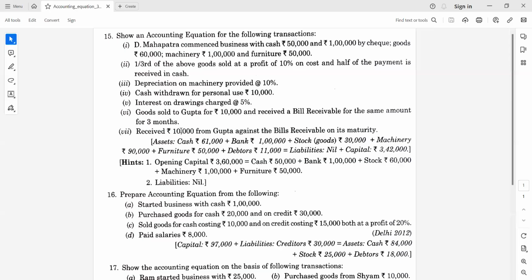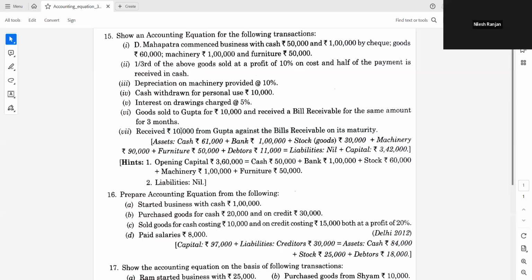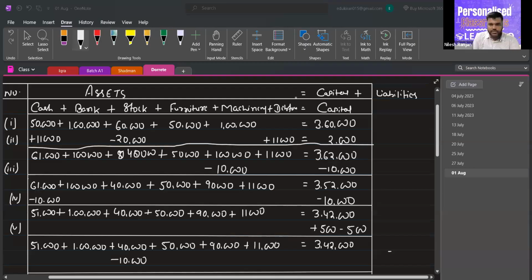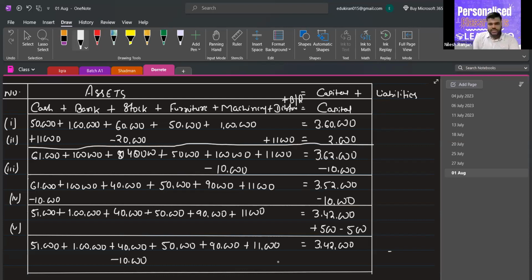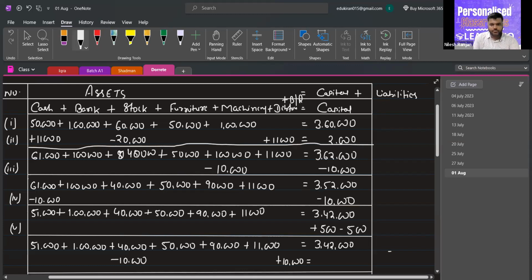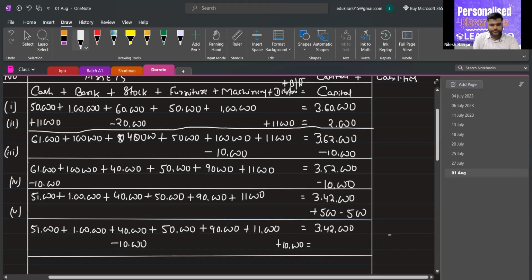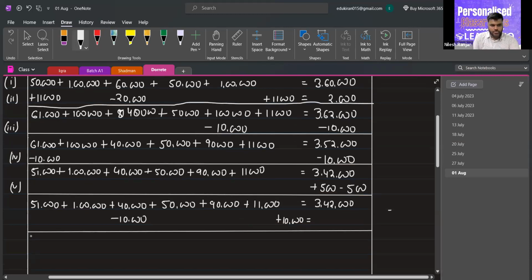Bills receivable is also an asset for the company. I don't have more space, so I am writing like this. So bills receivable will be 10,000.